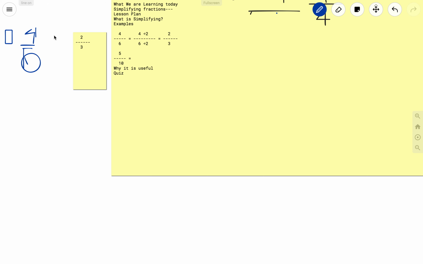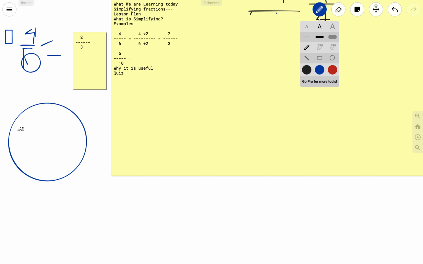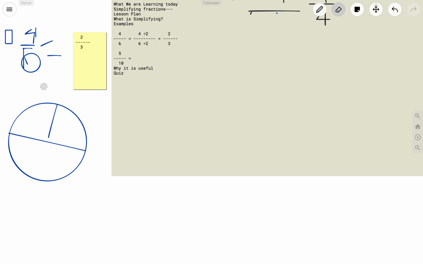Now, according to our scenario, for the pizza case, let me just do that. Hold on a second, this is the worst drawing ever.